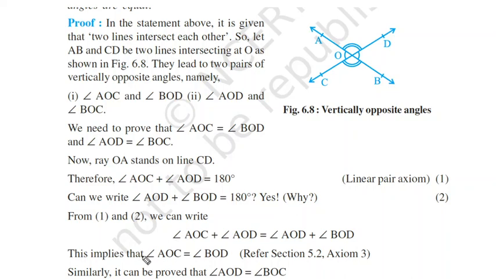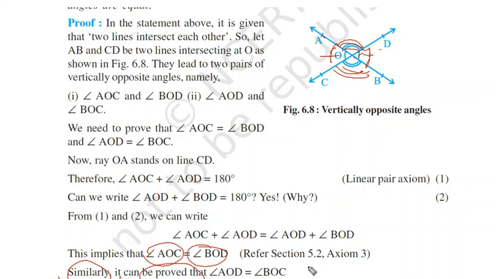We have proved that angle AOC is equal to angle BOD. Similarly, in the same fashion, it can also be proved that angle AOD is equal to angle COB or BOC.